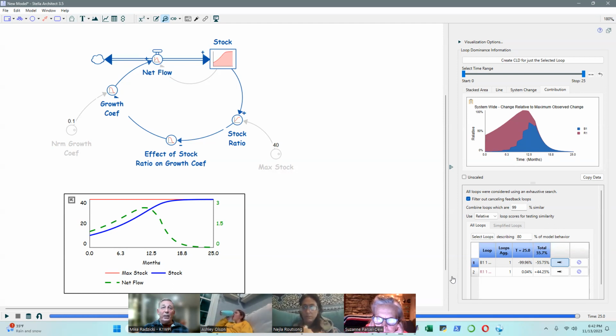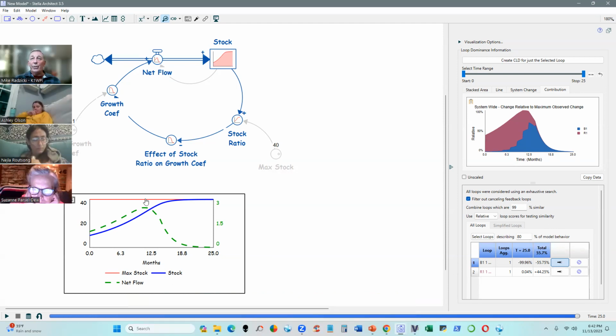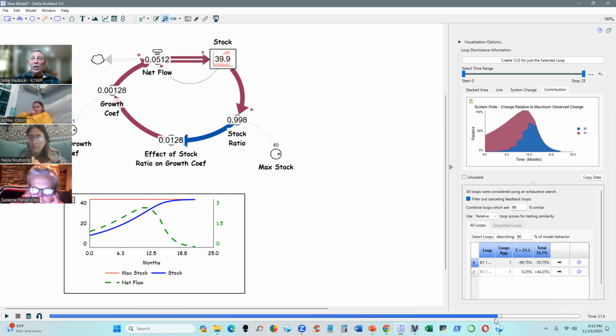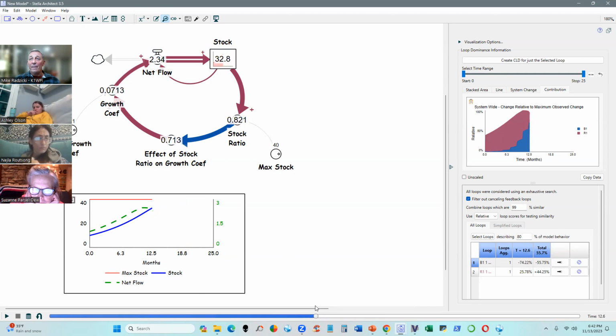And if we go backwards in time, you'll see those numbers changing, and you see the graph changing now, right? So you can see the shift in loop dominance. You see the numbers in the lower right changing. So the reinforcing loop is 68%, 50%.